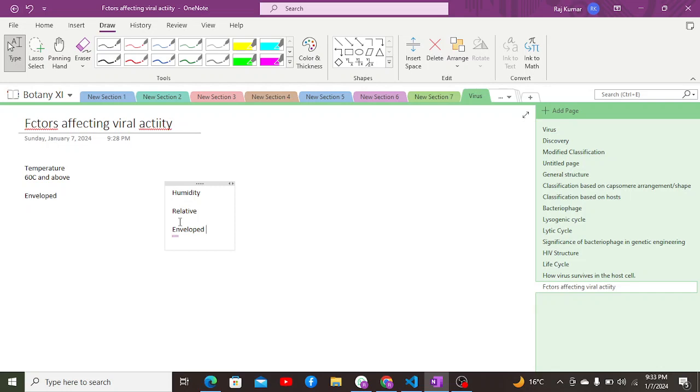Enveloped viruses such as COVID-19 and influenza are able to live in only 20 to 30% humidity, while non-enveloped viruses are able to live in 70 to 90% humidity.